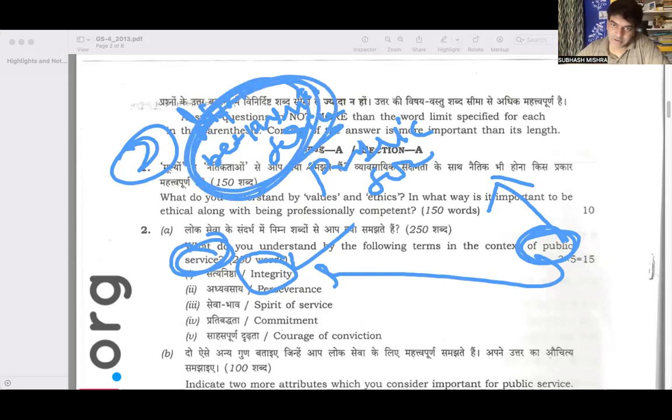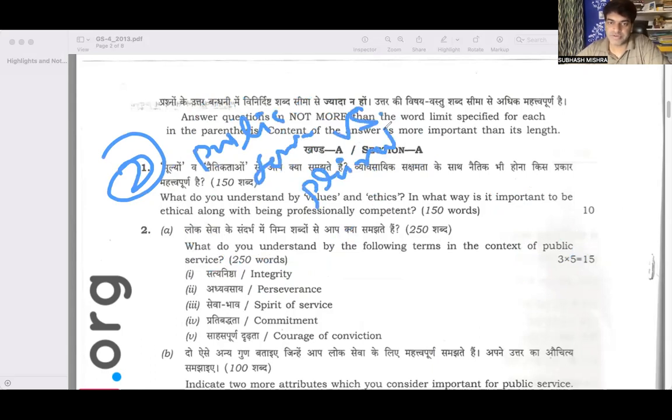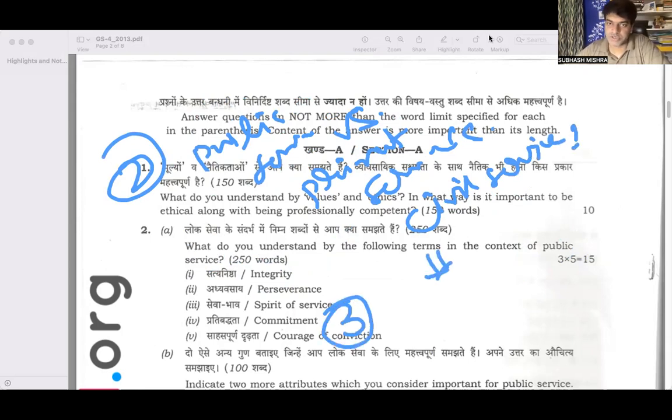So this is public service, you write. Second topic, public service versus private service versus civil service. Then you write in the third topic: public, private, and civil service. What is the difference?